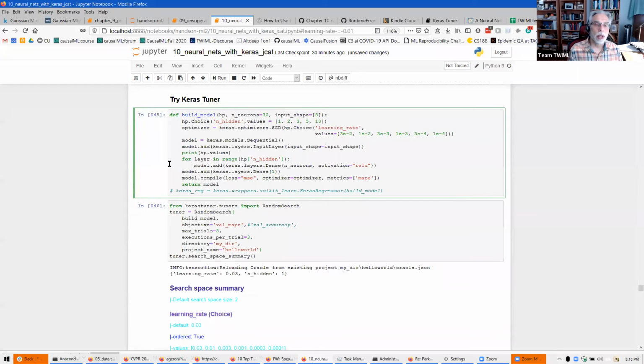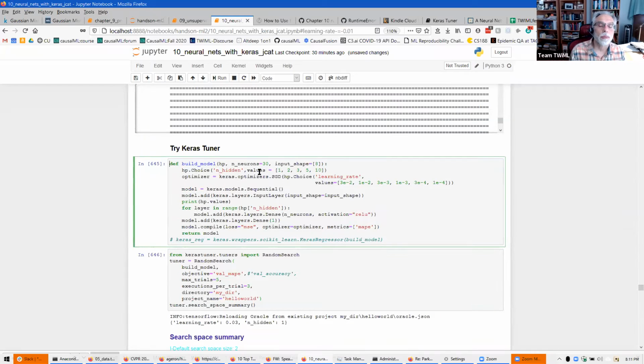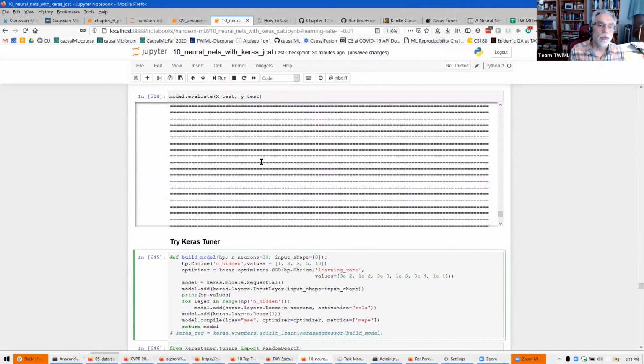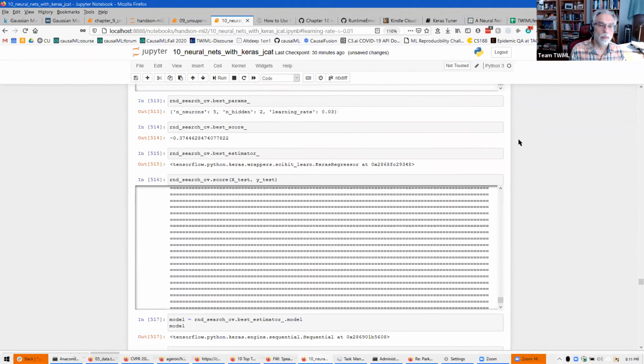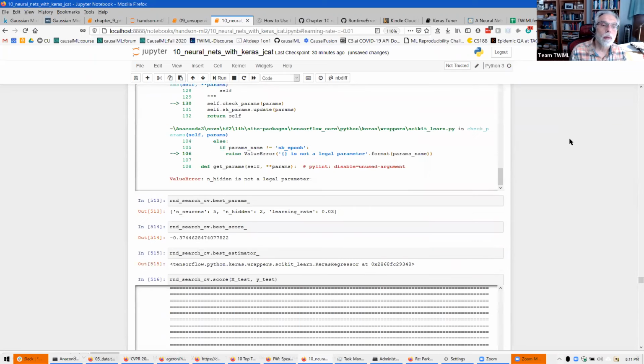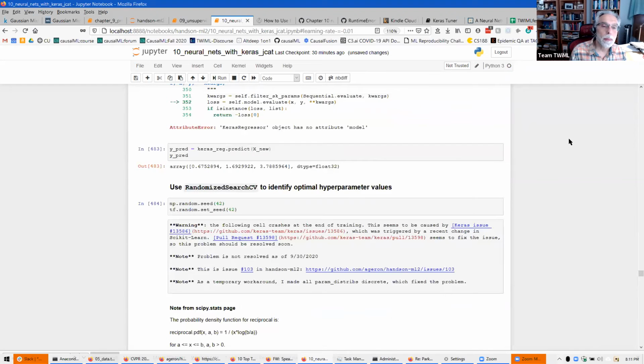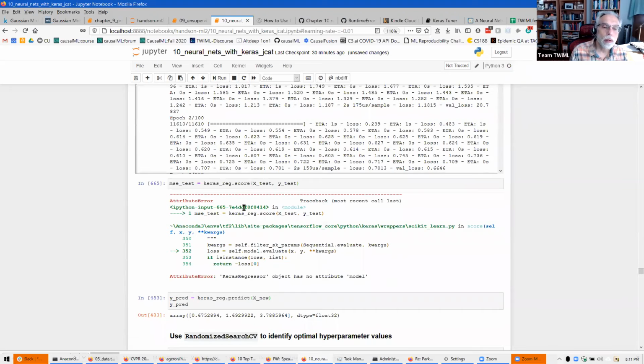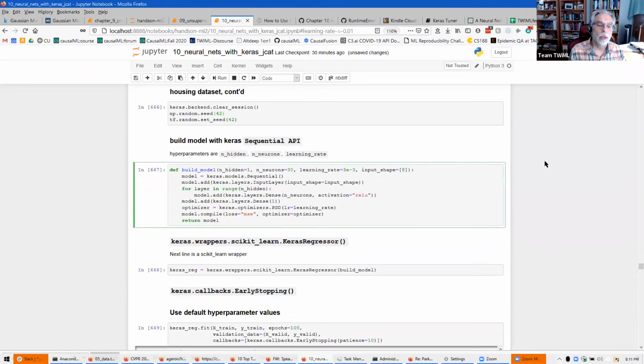But there's a little bit of syntax that you have to get through to make it work. We're using the same definition for the model that we built before. In other words, we have this function that builds the model for us, called build model right here. So that function is the one we're using.